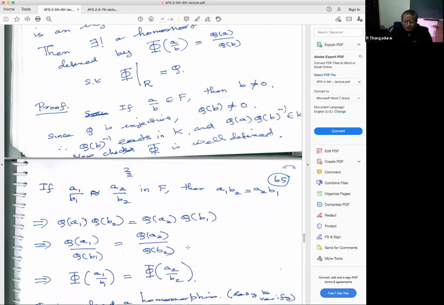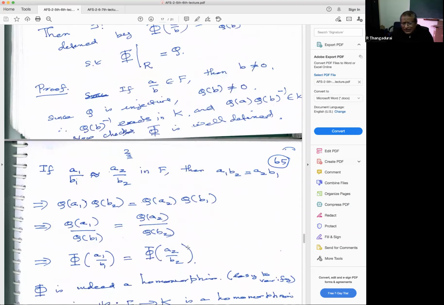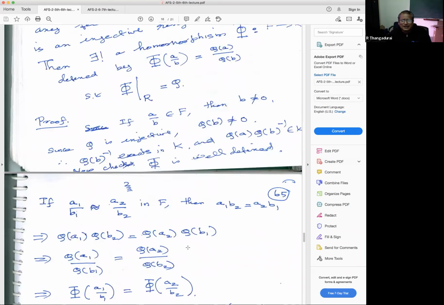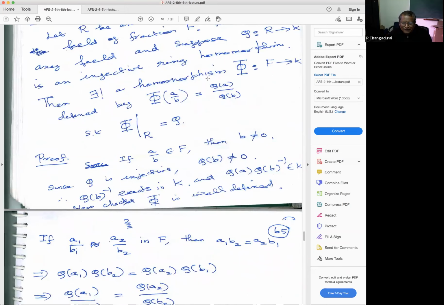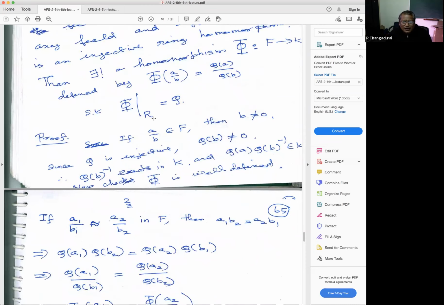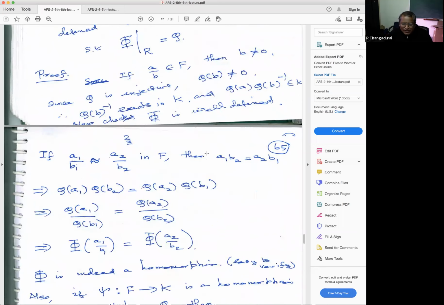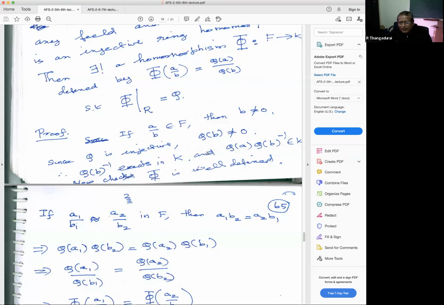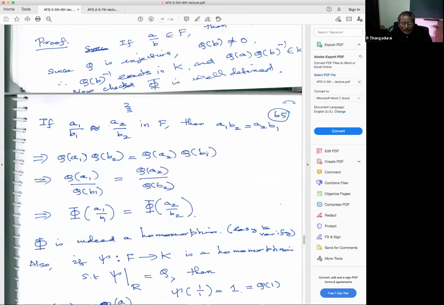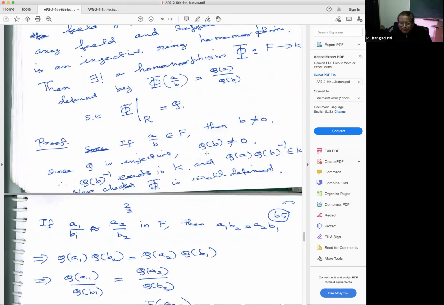So phi is indeed a homomorphism, and you can just check it. It's a well-defined map, and it is indeed a homomorphism. It's a ring homomorphism from F to K, and the restriction is clearly little phi only, because it is built from little phi only.